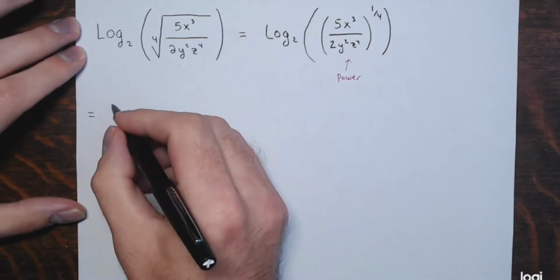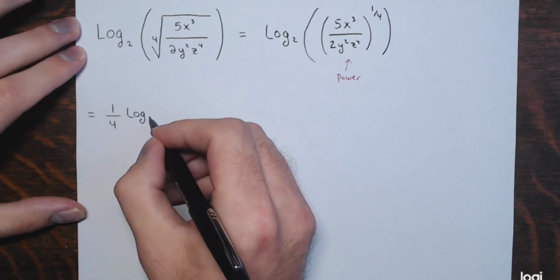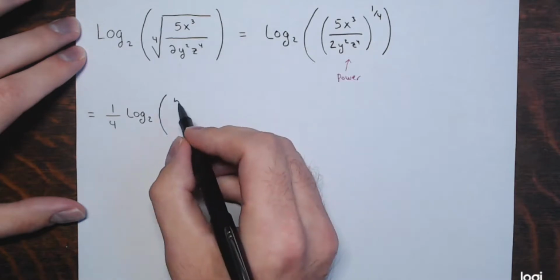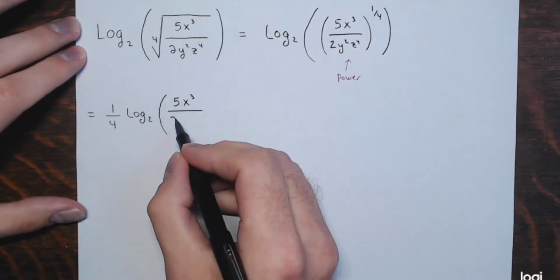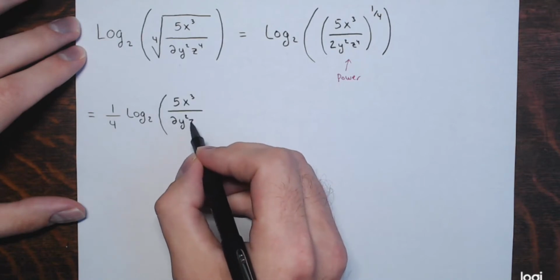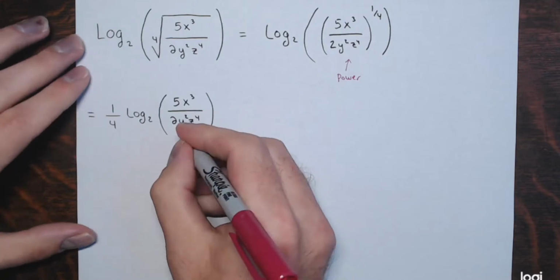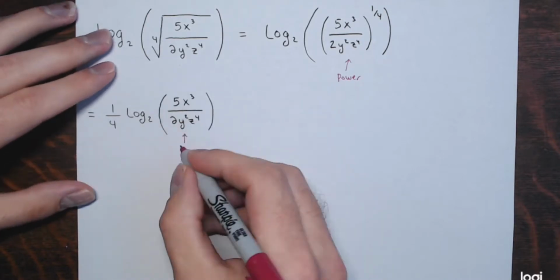So this is equal to 1/4 times the log base 2, and then the power is gone, and then we have 5x cubed divided by 2y squared z to the fourth. And now I look at this argument, and that is clearly a fraction, a quotient, one numerator, one denominator.